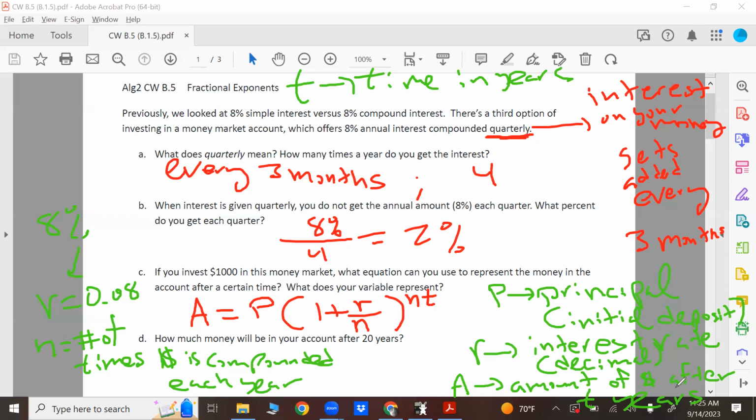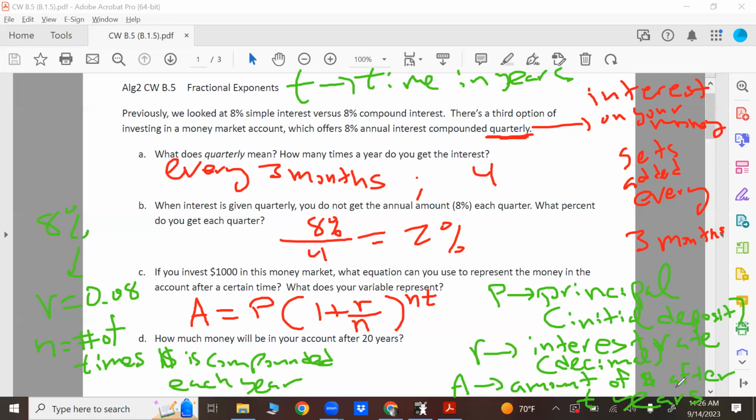Question? Let me keep going. The exponent is NT: N is the number of times compounded, and T is the time in years. Let's say you invest for 2 years, compounding quarterly.